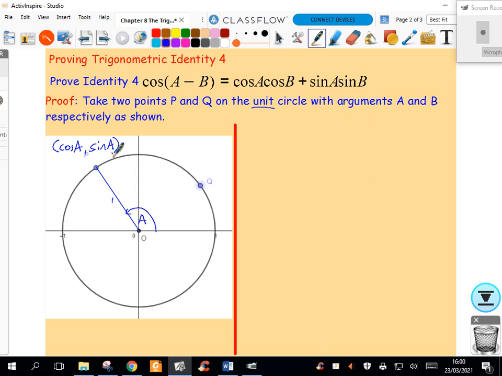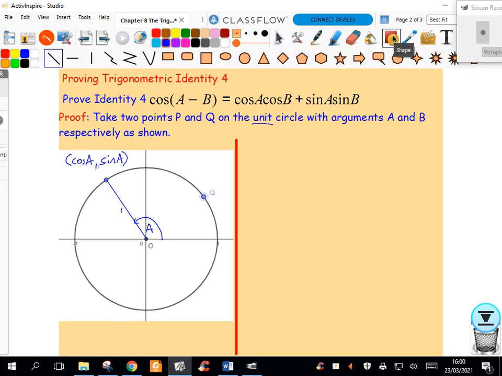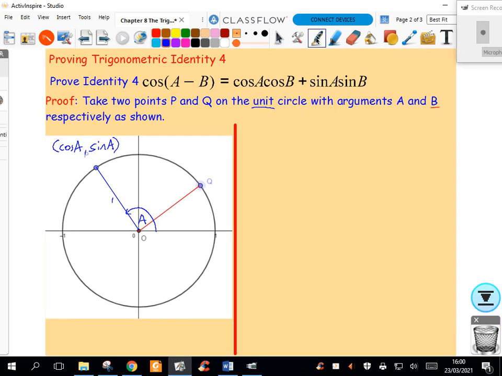If I look at Q, connect up the modulus here, let me put it in red. The argument here is B, that's given in there. So that argument there to Q, that's B. Well, Q can be written in polar form. Again, note the radius of the circle is 1, so Q's modulus is 1.